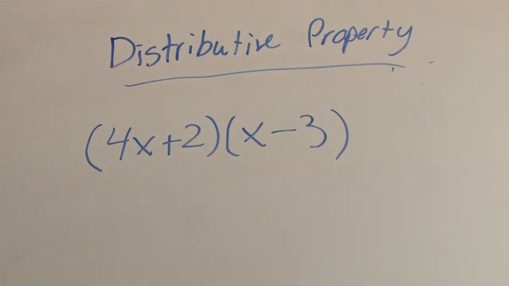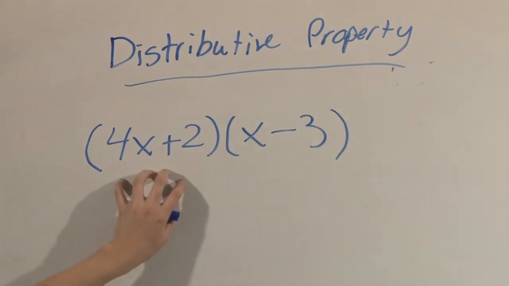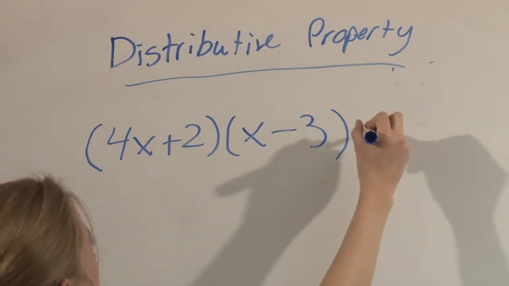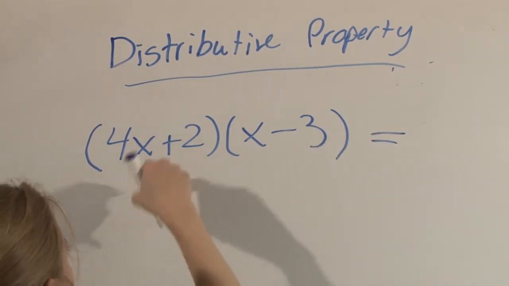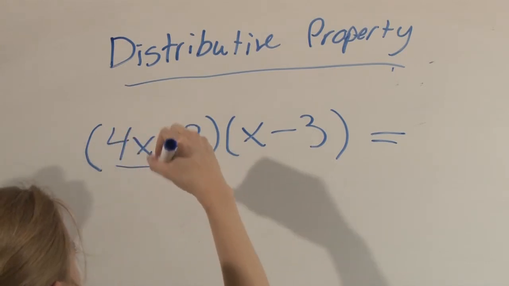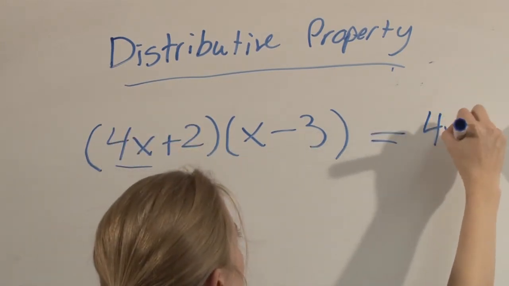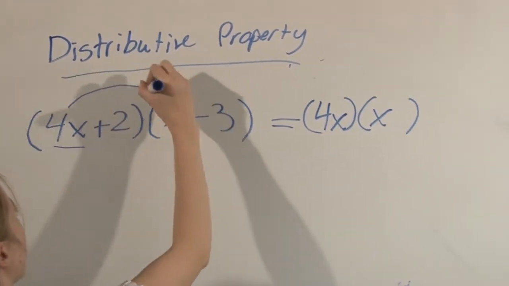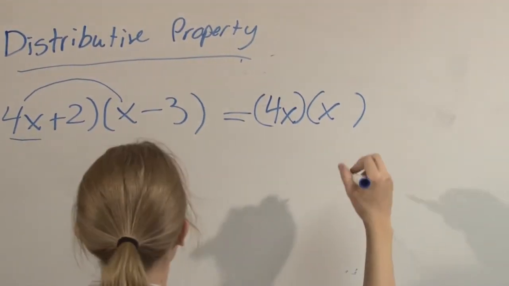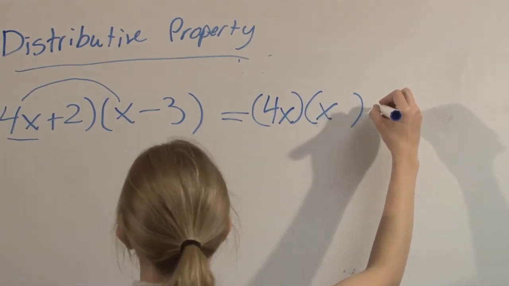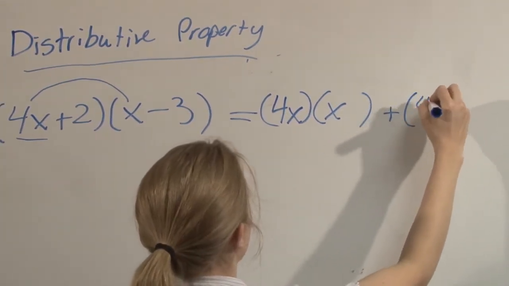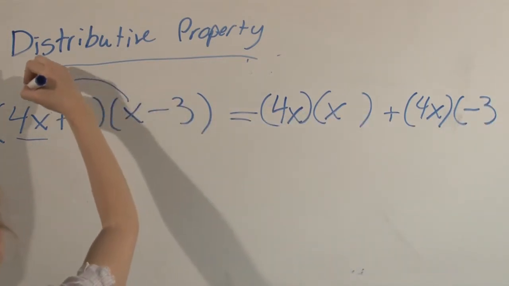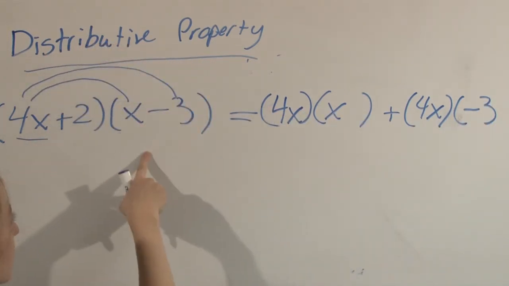So here, I have a binomial times another binomial, and I'm going to think about it pretty much the same way. First, I'm going to distribute the 4x. So I'll do 4x times x. That's this one. And then I'm going to do 4x times negative 3. So I've multiplied the 4x by both of these terms.